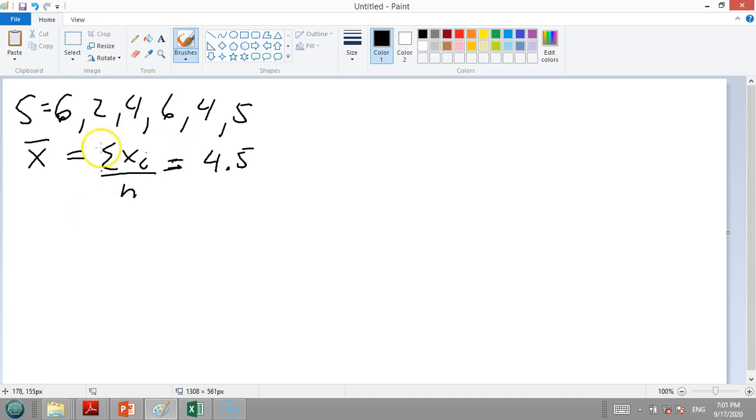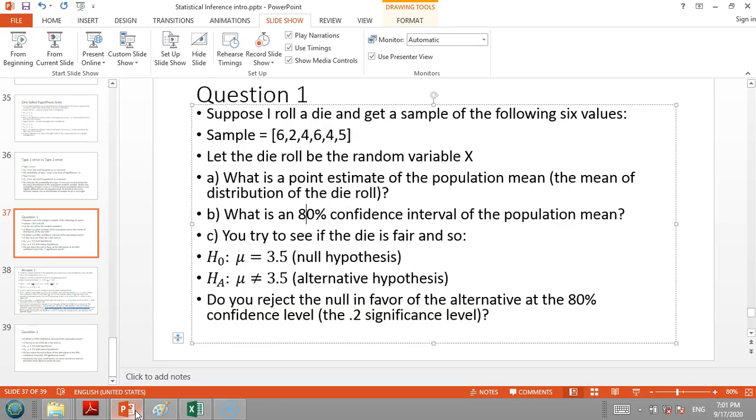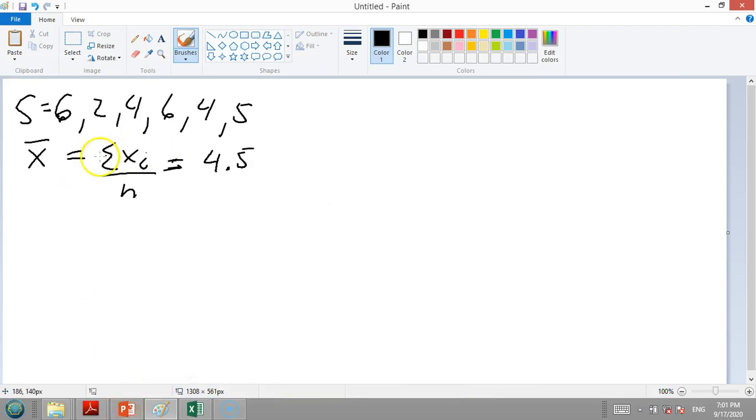But I can give you a high probability interval where the population mean will be. This is the confidence interval, an 80% confidence interval. And if you remember, let's write the formula here. This was X bar minus some number. The number is Z alpha over 2 times S over square root of n.